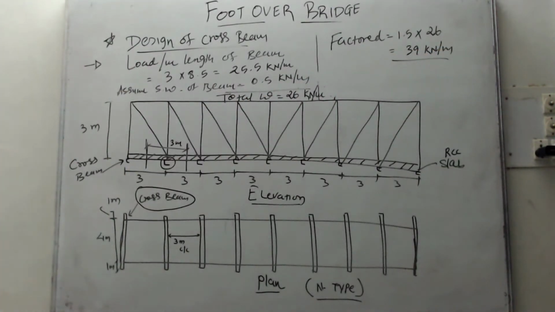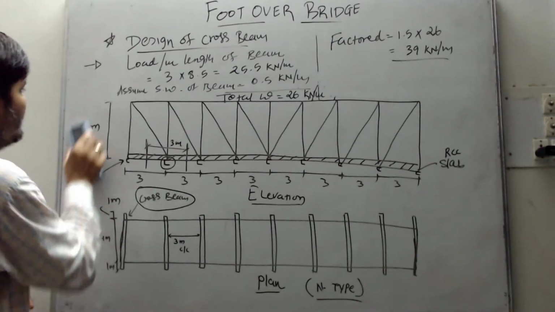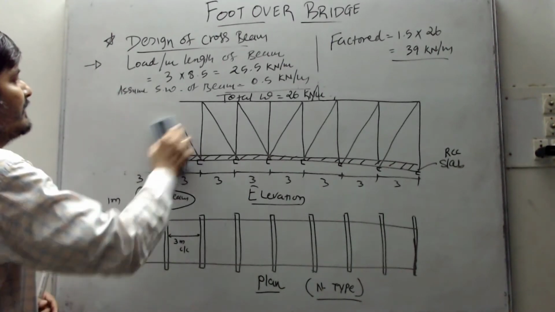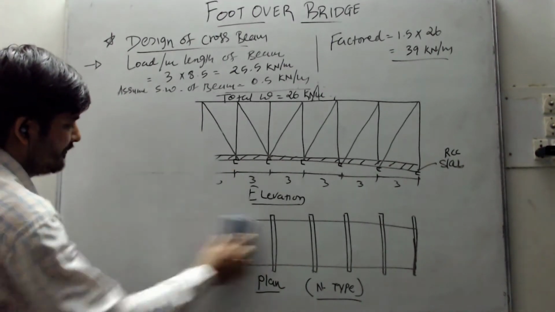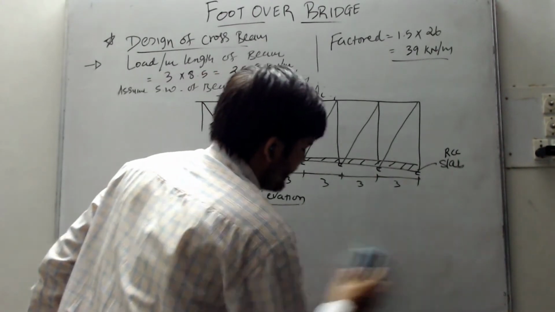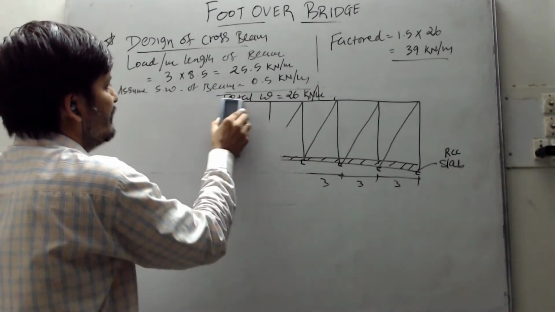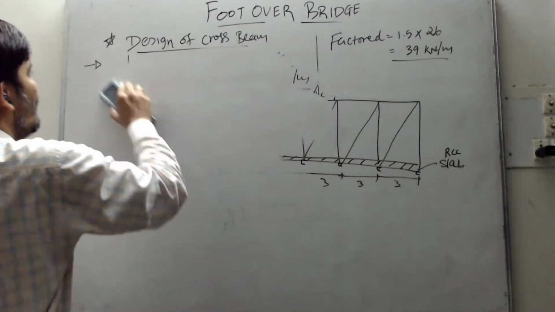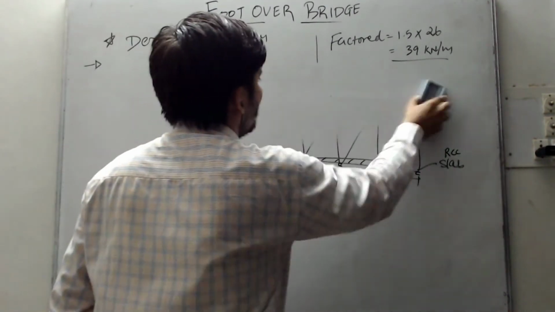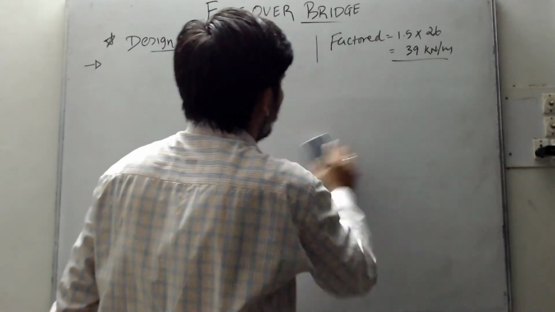So once I get the UDL, I can draw the beam now. So now let me rub this for better understanding. So this figure I have kept just to make you understand how much load is to be transferred on my beam. So we got our factored UDL as 39 kilonewton per meter.